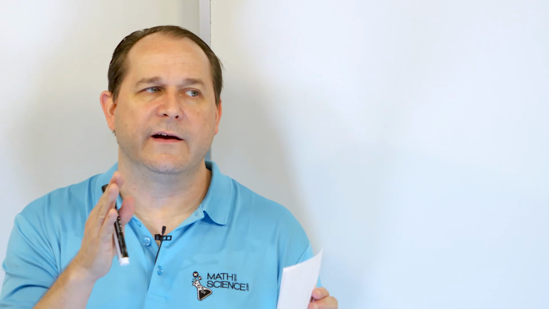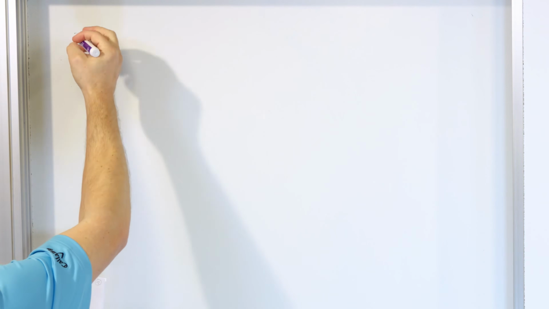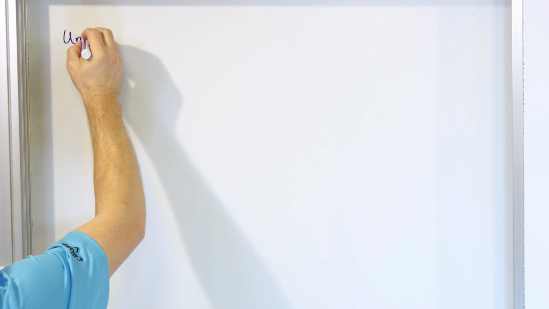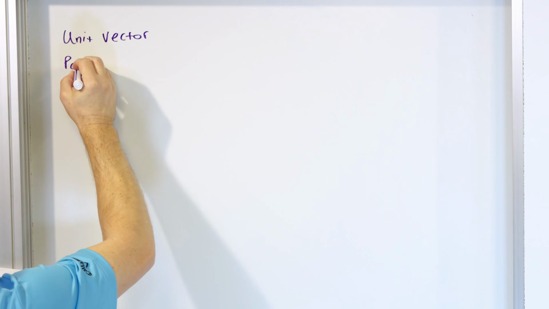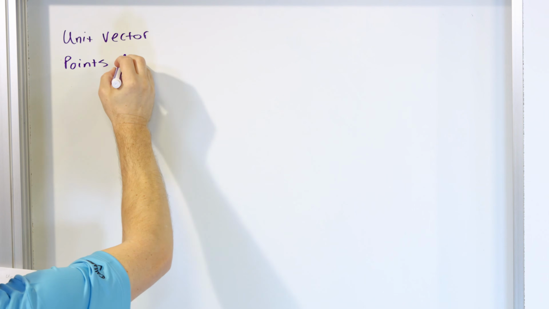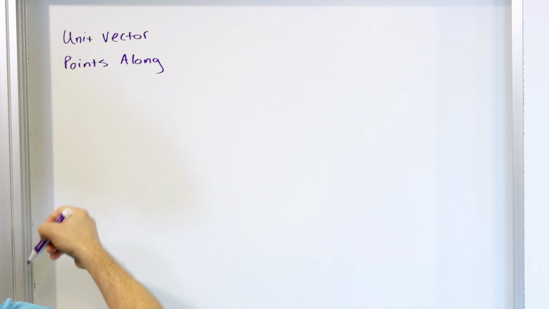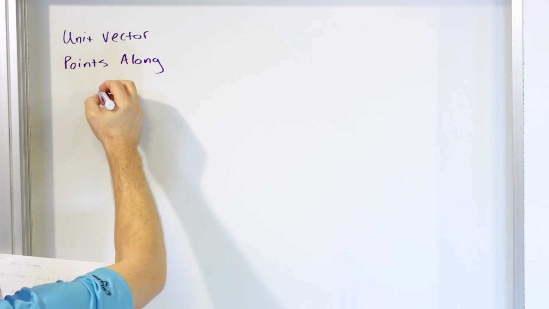Now, what we're going to do is we have to have special names for the unit vector in the x direction, the unit vector in the y direction, and the unit vector in the z direction. So let's write those down and draw a picture, and it'll be very, very clear. So let's say you have a unit vector that points along the following direction, right?